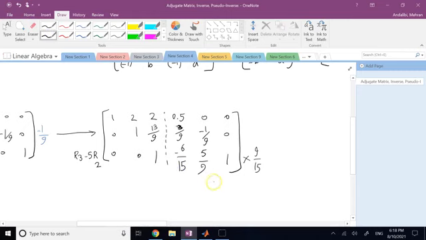And this element is going to be 5 over 15, or 1/3. Let's just write it as 5 over 15. This element is going to be 9 over 15. And that's it. So now I got it closer.